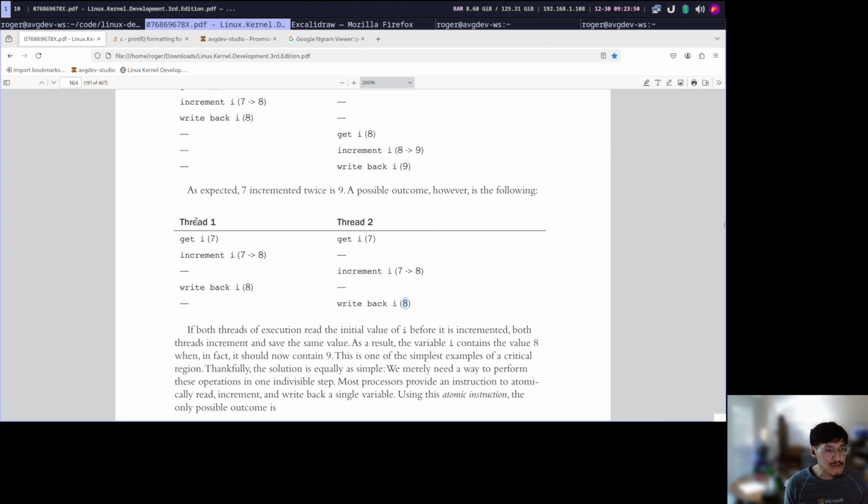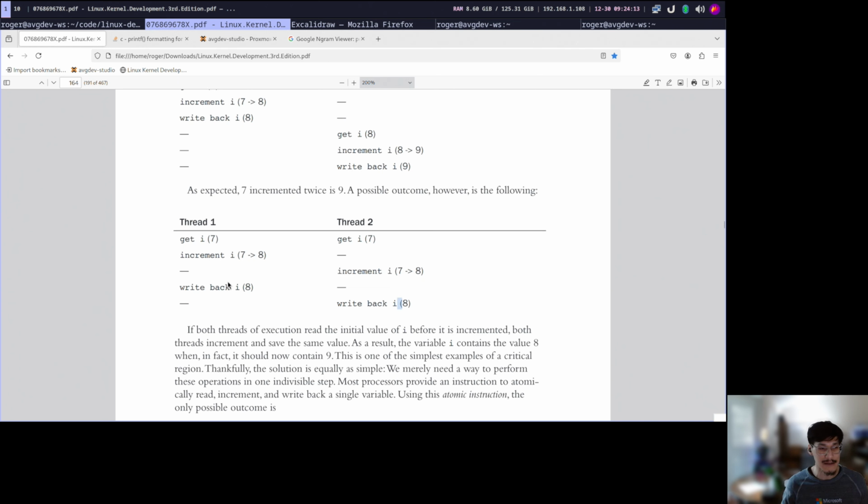So you have 2 threads that were trying to increment I. You intended for it to increment twice because you have 2 threads incrementing I, but they somehow got the value at the same time to be 7. So they increment. They did their job. They did do incrementation twice, but they didn't increment I to the value of 9 in this case.